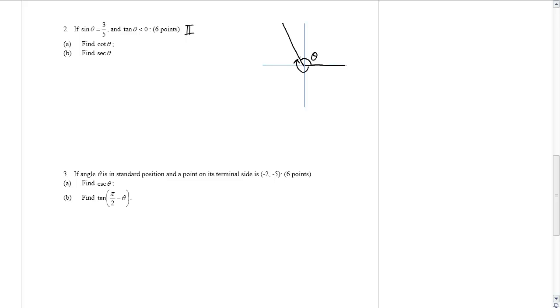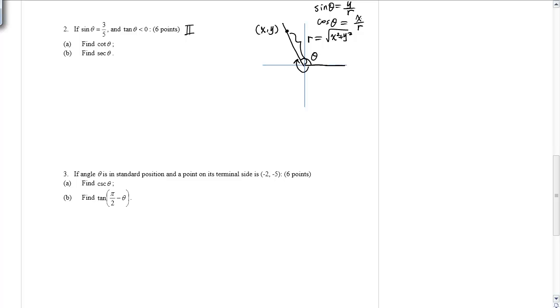So really, what matters is what it looks like in this standard position. Okay. So this angle has sine value of 3/5. We know that if we find a point on the terminal side and the point has xy coordinates and also a distance r which equals the square root of x squared plus y squared, then sine theta equals y over r and cosine theta equals x over r.